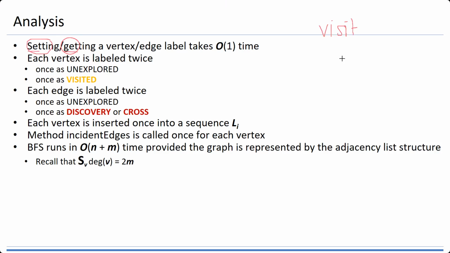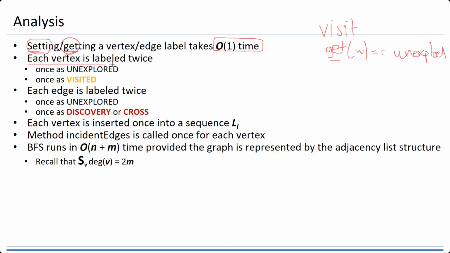Get the label means if we want to know, get W, whether it is unexplored. So we want to check whether it is already explored or unexplored. Then it is get. This set and get, the running time is O(1) because it is just get and set.